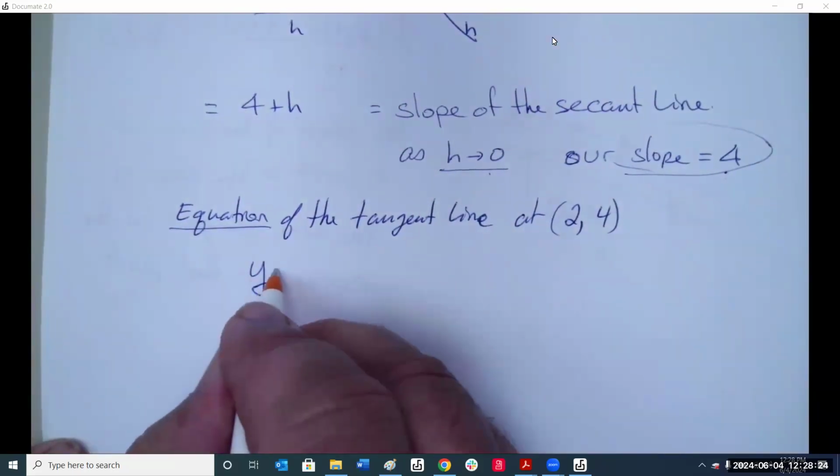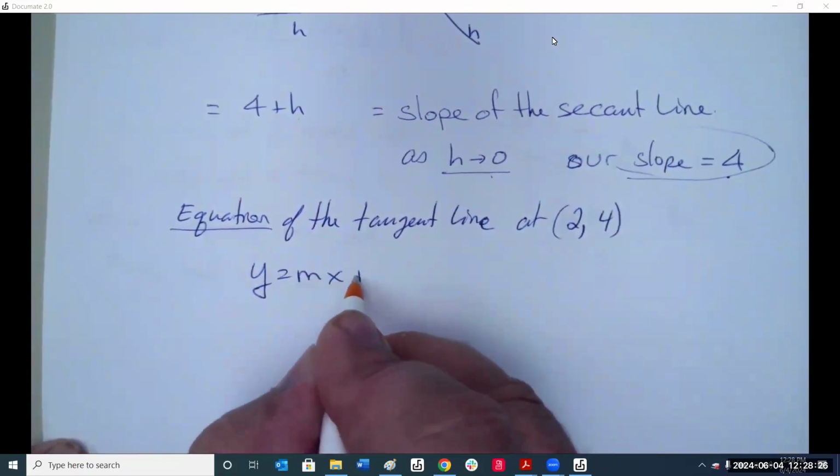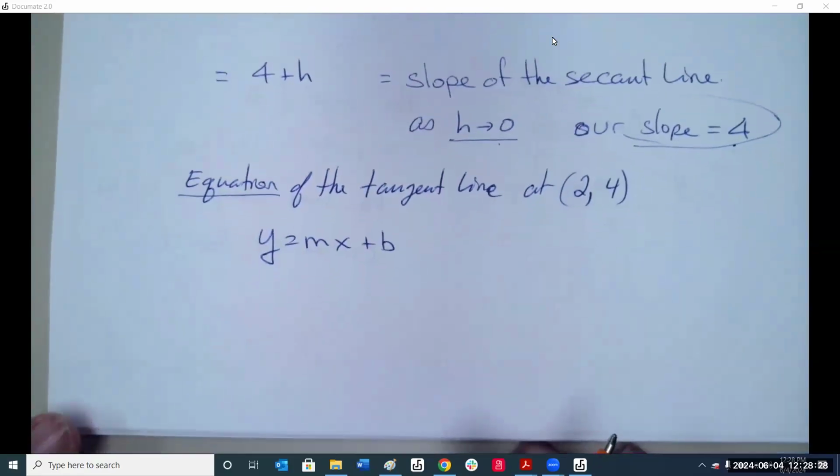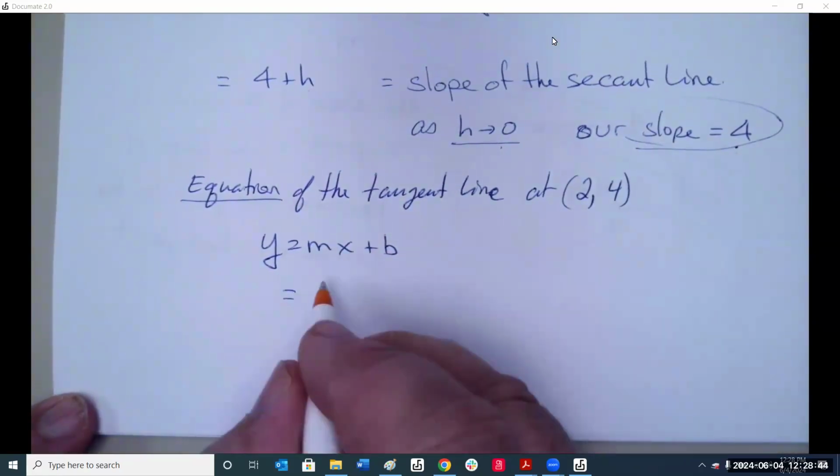Right. So what do we know from here? We know our slope is 4.